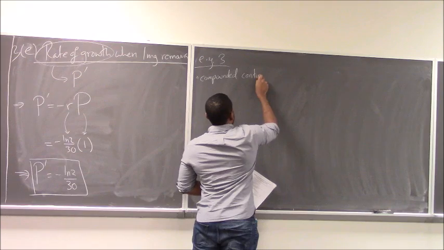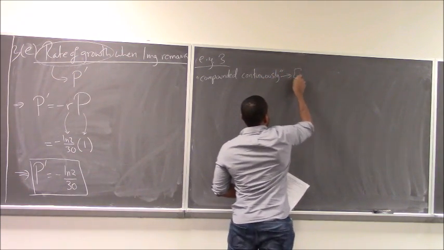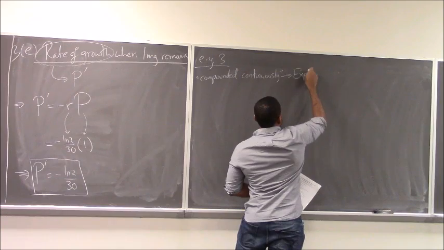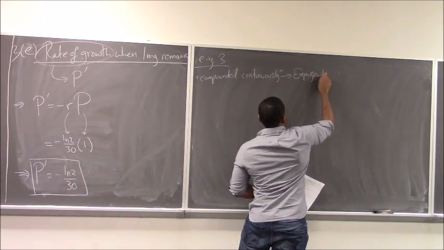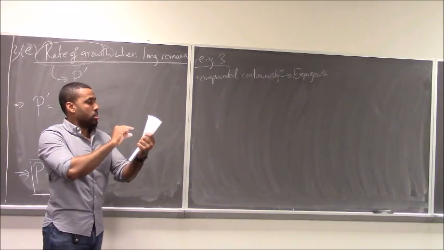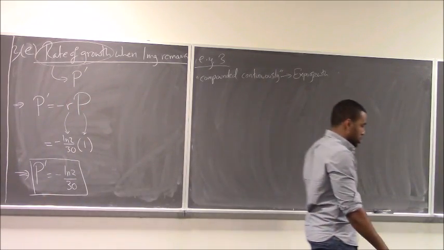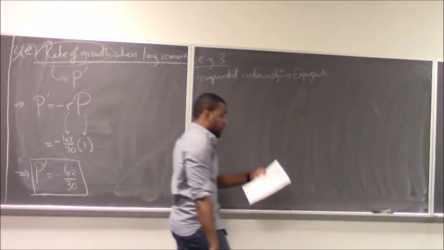Continuous compounding tells you it's exponential growth, which means the set of formulas in the first box are the ones that apply to this problem.